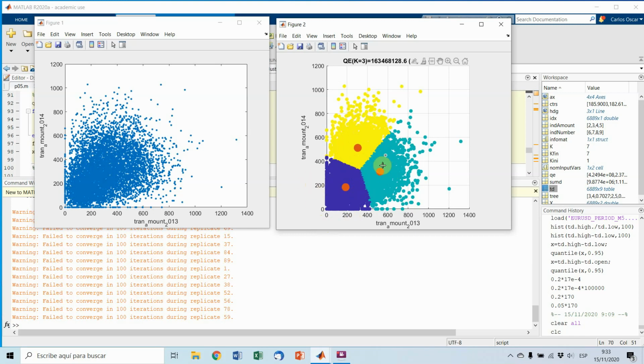And then we have the cluster of people who bought more in 2013 than in 2014. So these people are somehow starting to disappear from the store, while these other people are the opposite. They're starting to appear more often at the store.